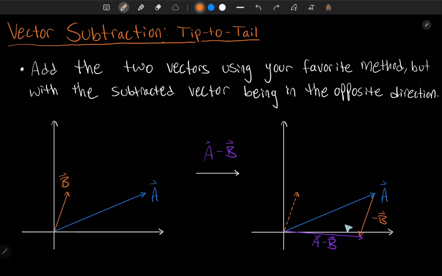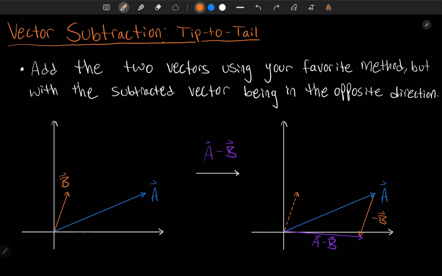So as we can see here on the right, if I wanted to subtract b from a, I take the old b, I move it up to the tip of a, and then I flip it. And when I flip it, this gives me negative b.